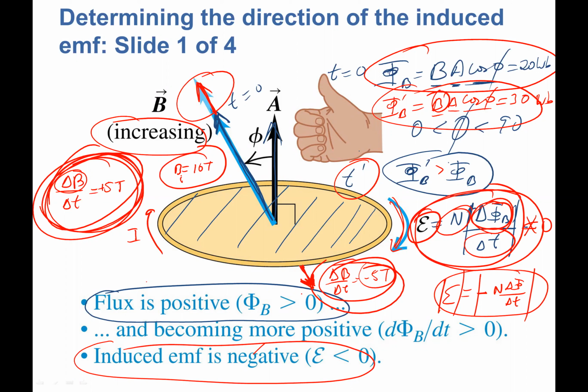Use your right hand, where your fingers give you the direction of the current needed to have your thumb pointing down. Think like this. If your thumb is pointing down, you can see your fingers have to curl clockwise. That means if the loop generates clockwise current, it can generate downward magnetic field.